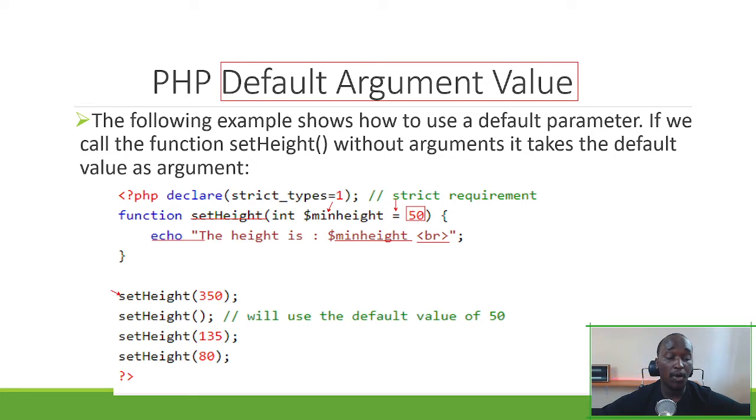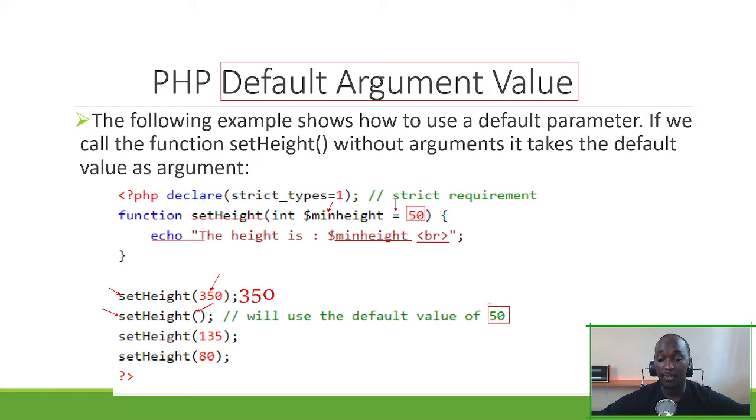Now, if we call the function setHeight and pass it a value 350, the min height it's going to print is 350. Otherwise, if we call the function and don't pass anything to it, then it's going to print the default value.